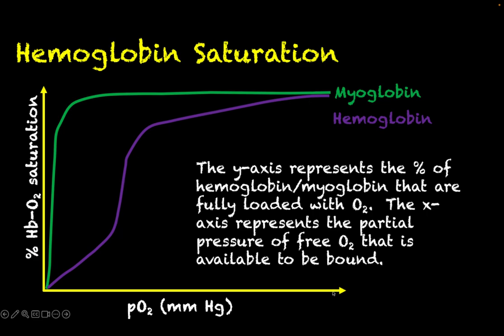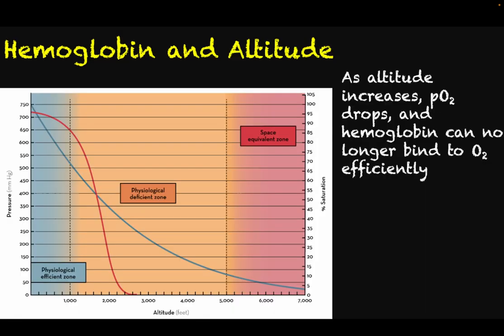So if this is your normal partial pressure of oxygen that you breathe at sea level, if you drop that down to cruising altitude, you can suddenly see that your hemoglobin is not going to bind to oxygen nearly as efficiently as it would have at sea level. So as altitude increases, your partial pressure of oxygen drops and hemoglobin can no longer bind to it effectively.